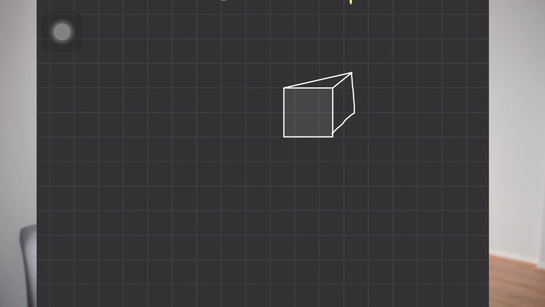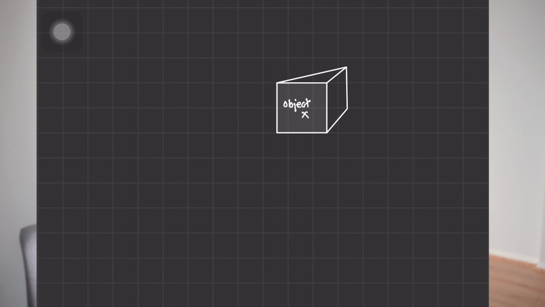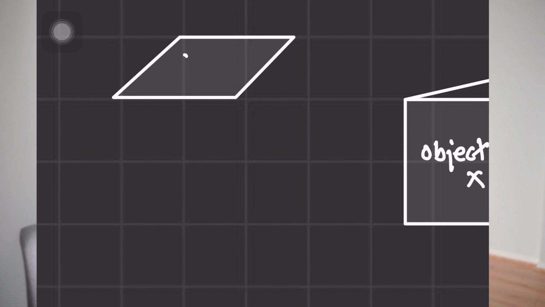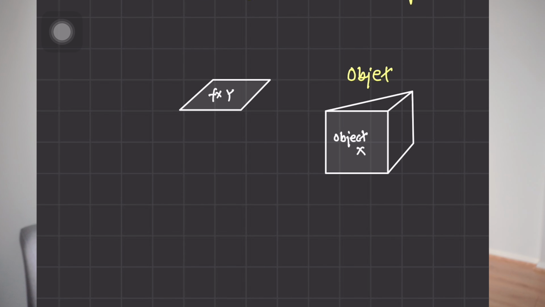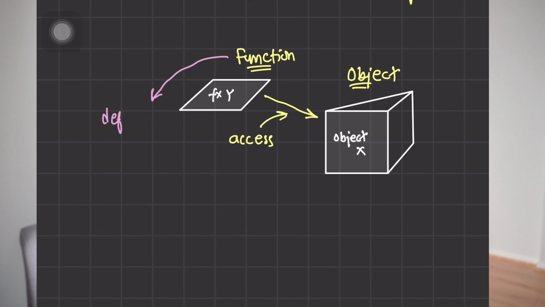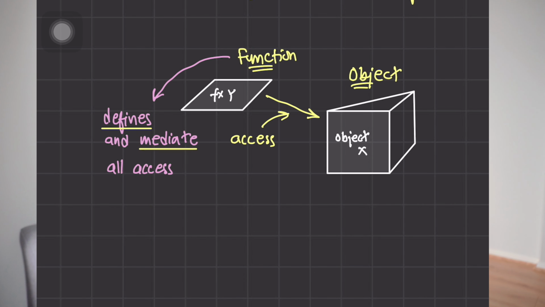Pictorially, you can see that I have shown a function x, a function y, and then an object x. Object x is being accessed by some user using function y. So this function defines and mediates all the access, and if the function is bypassed to access the object, we say that there is a possibility of a covert channel, or a path which we do not know.